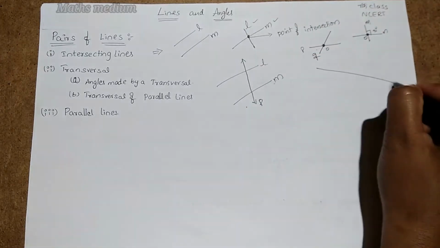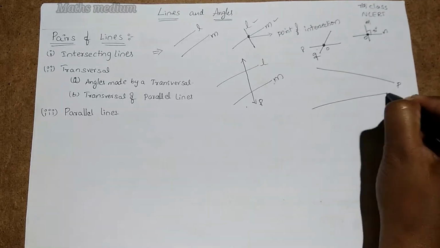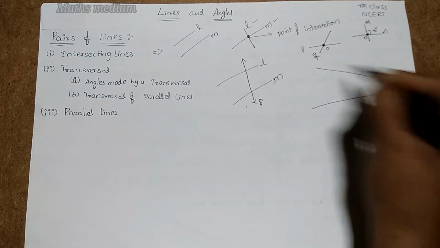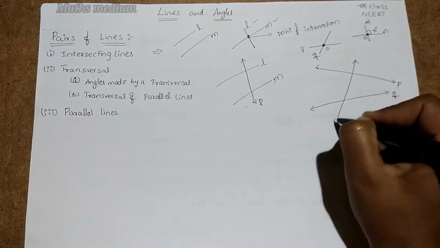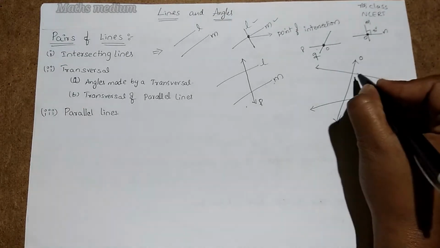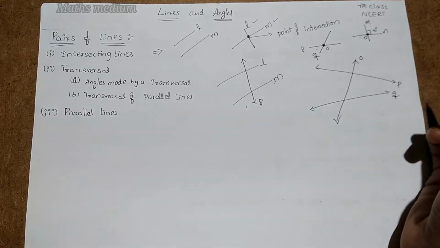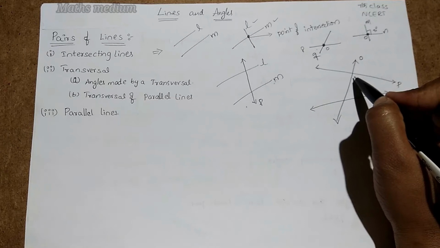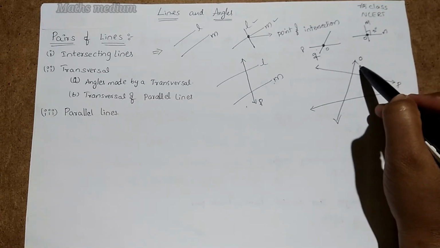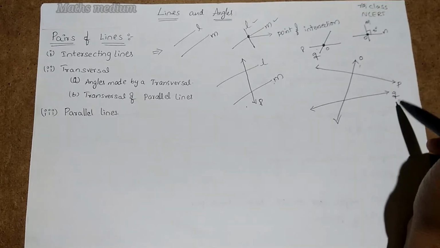If you take another type, this is P and this is Q. These two are lines. If you make another line, let it be O, it intersects PQ at distinct points. So O is said to be a transversal of PQ lines.